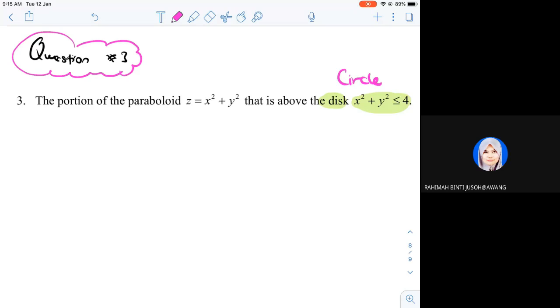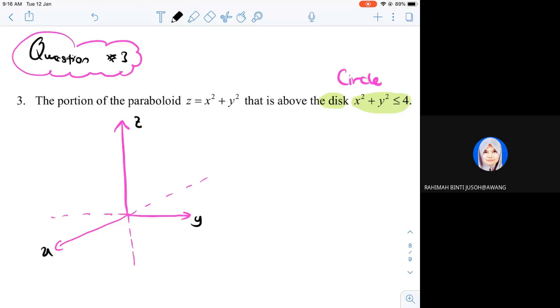Okay, macam biasa saya nak juga sketch 3D ni supaya you faham bentuk dia macam mana. We have a paraboloid. Paraboloid ni mangkuk tom yum. Mangkuk tom yum menghadap ke atas, upward ke downward ni? Upward or downward? Upward lah, positif kan?